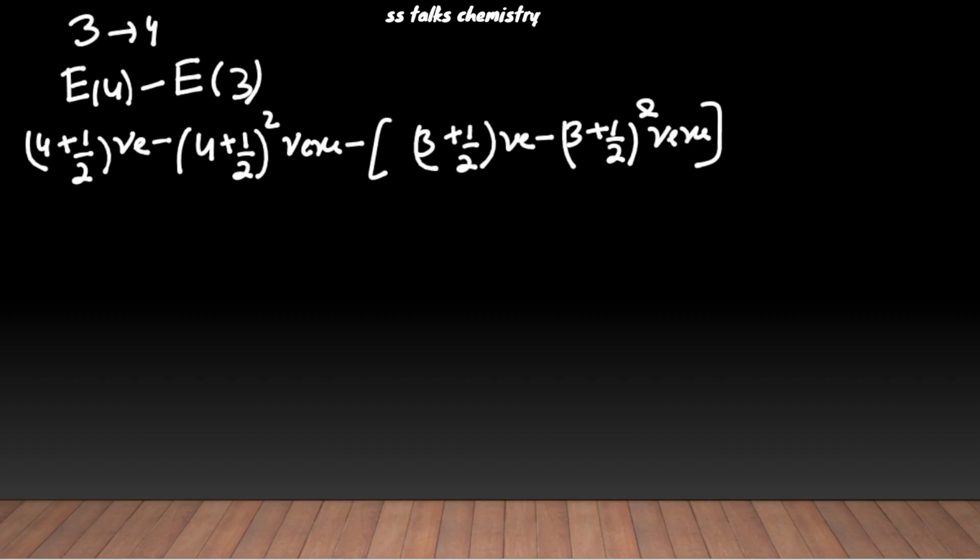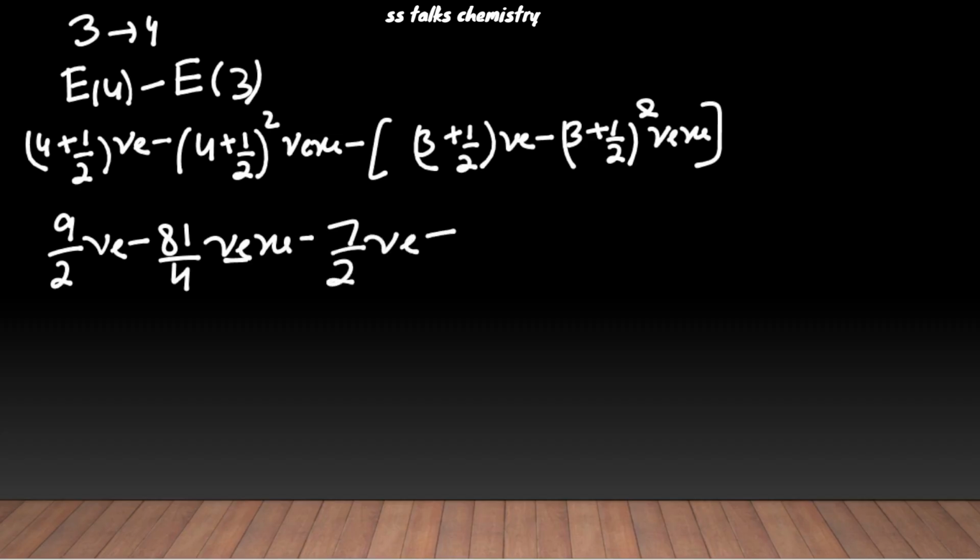So this becomes 9 by 2 nu e minus 81 by 4 nu e xe minus 7 by 2 nu e plus 49 by 4 nu e xe.